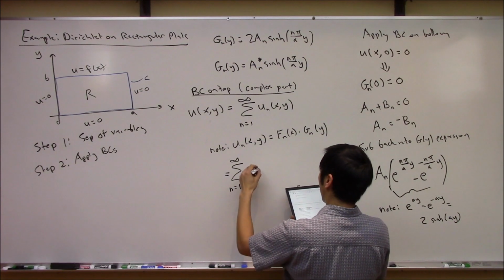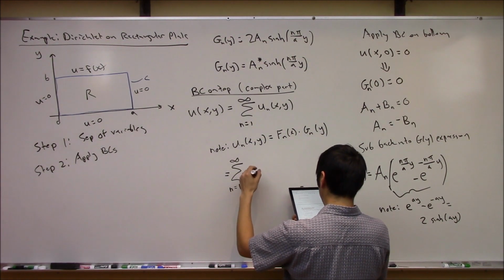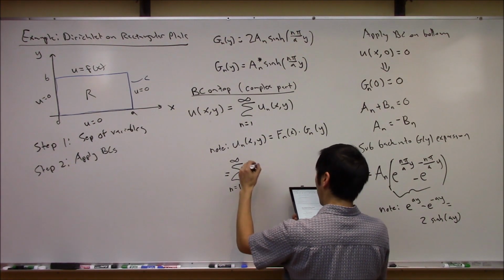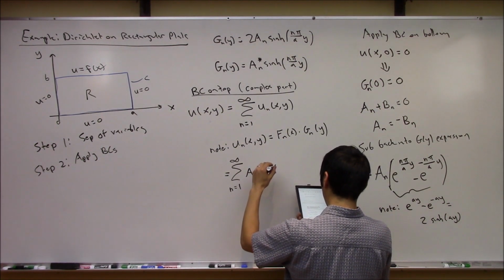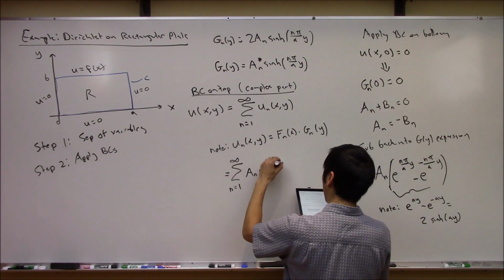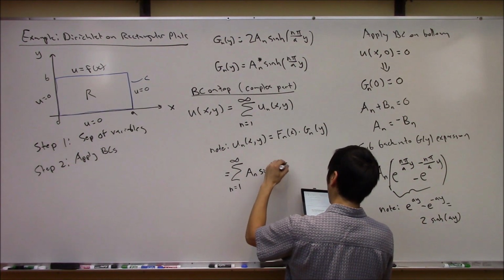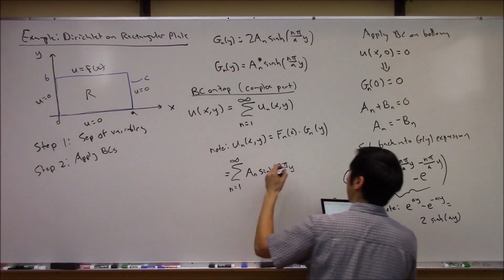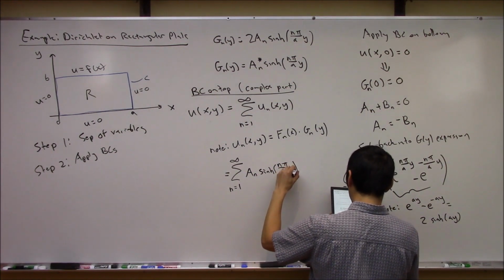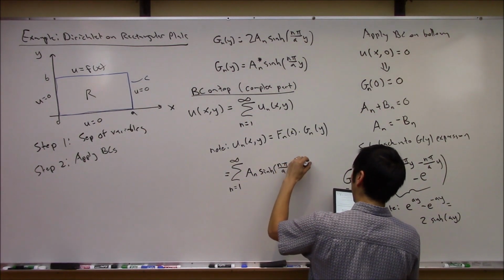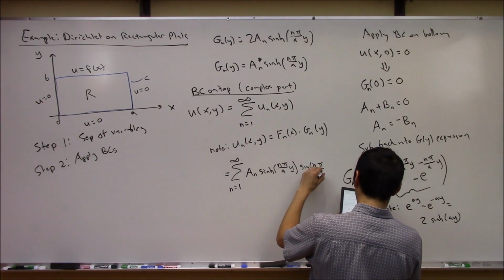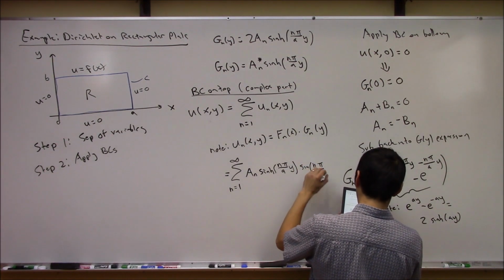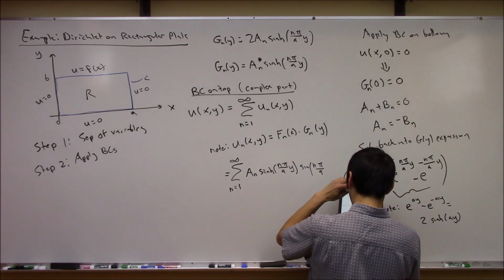So back here to the infinite series, we end up with a_n star times hyperbolic sine of n pi over a y, times sine of n pi over a x.